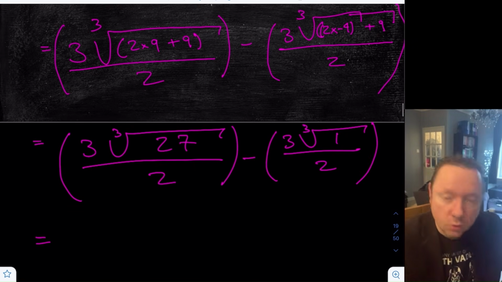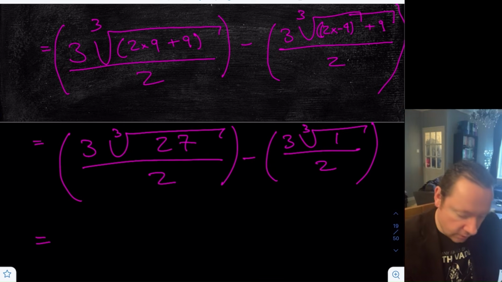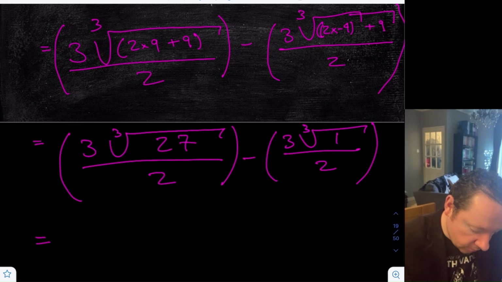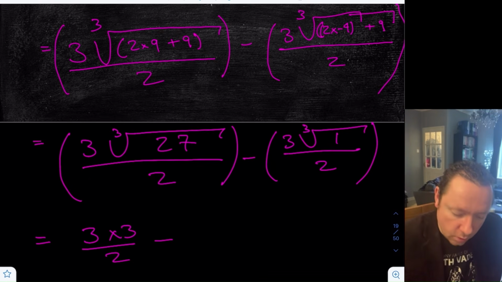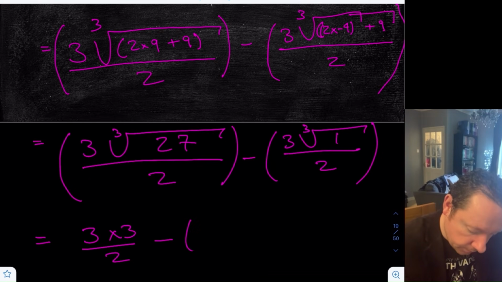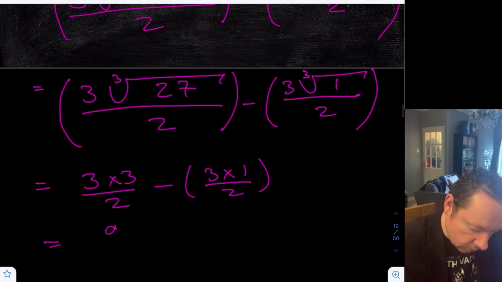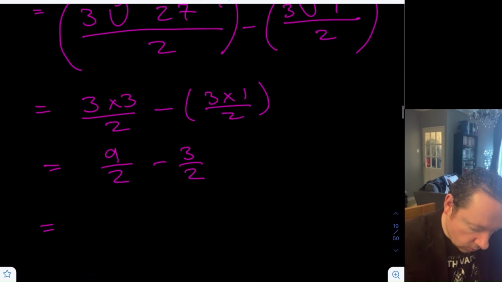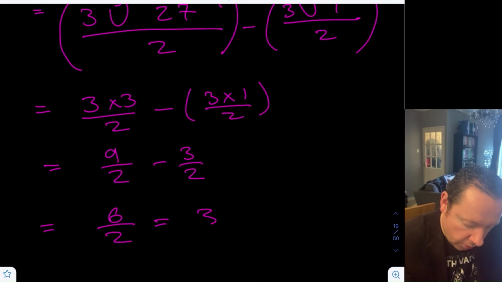The cube root of 27, 3 times 3 is 9 times 3 is 27. So this just gives me 3 times 3 over 2 minus cube root of 1 is 1, 3 times 1 over 2. That equals 9 over 2 minus 3 over 2, which equals 6 over 2, which equals 3.